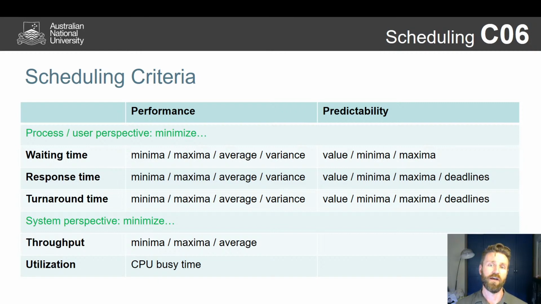Okay, so we may be looking at two different dimensions. So one dimension we might just be interested in is sort of raw performance. We want to get the fastest or the absolute lowest response times or turnaround times. And the other one might be predictability.